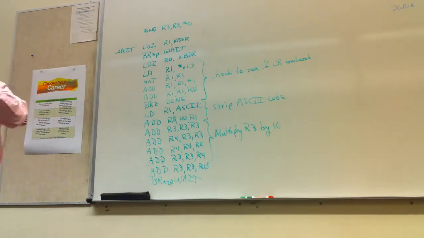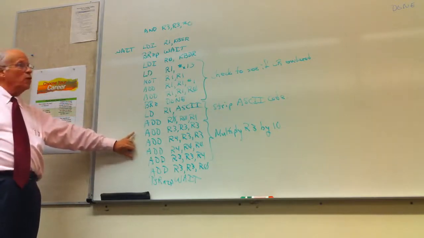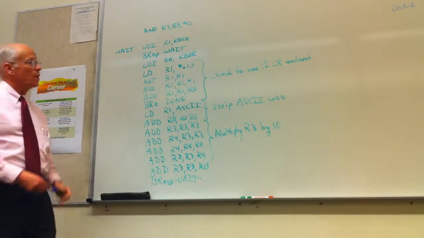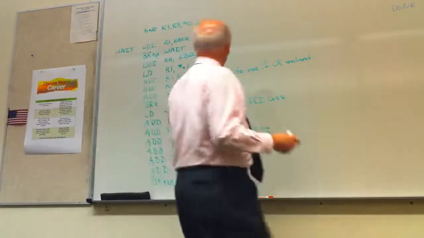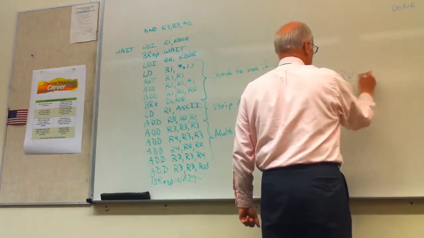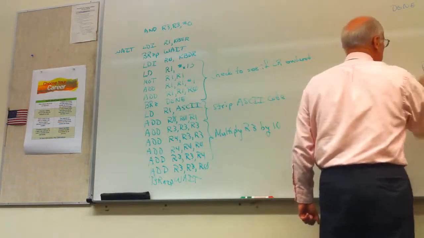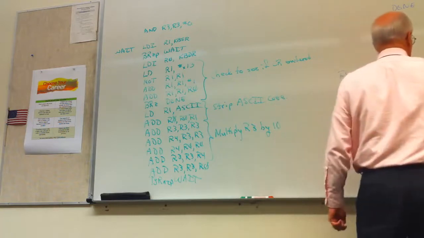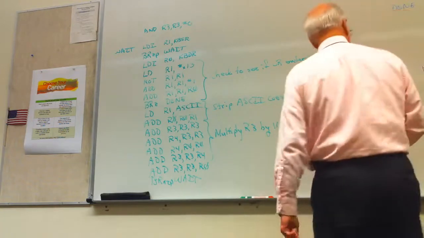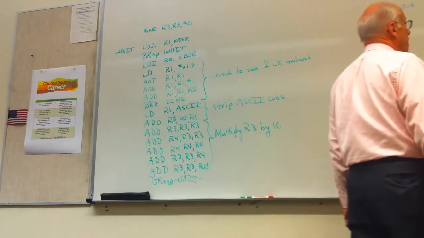Now let's trace this thing through and watch, again reminding you why we're doing this down here. We're going to work with register 0, register 1, and register 3, and we do have register 4 down there, don't we?